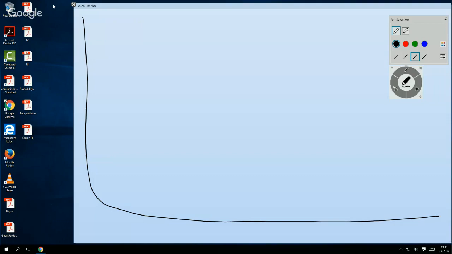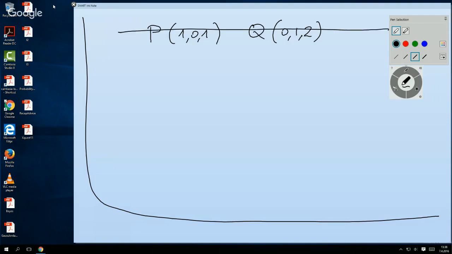Give the equation of the line that goes through the points P, 1, 0, 1 and Q, 0, 1, 2. So what's the equation of the line that goes through these points? Of course, this. But that's not an equation.